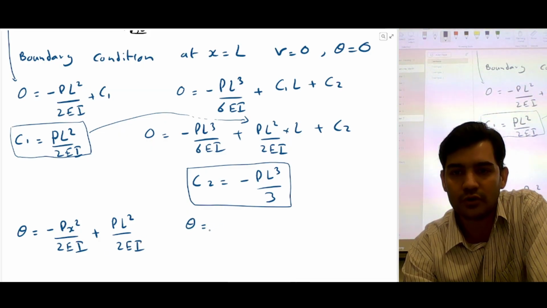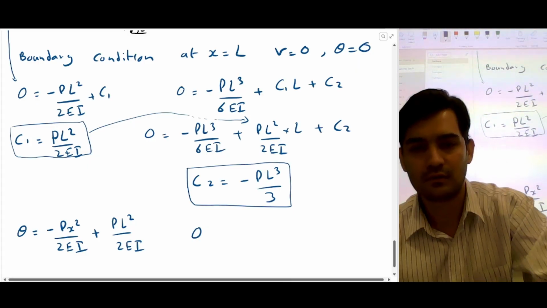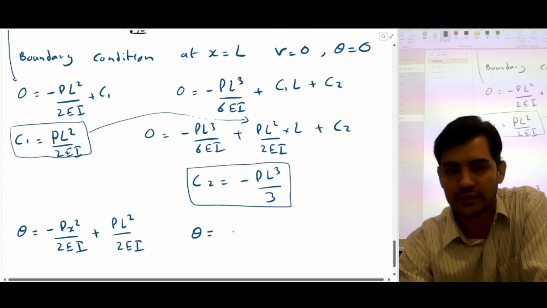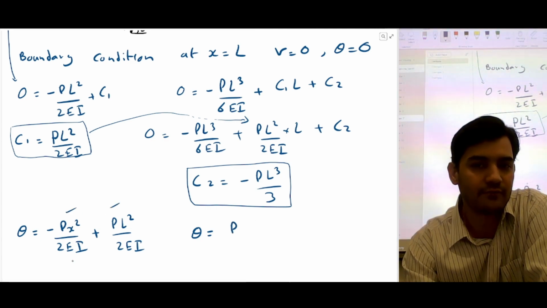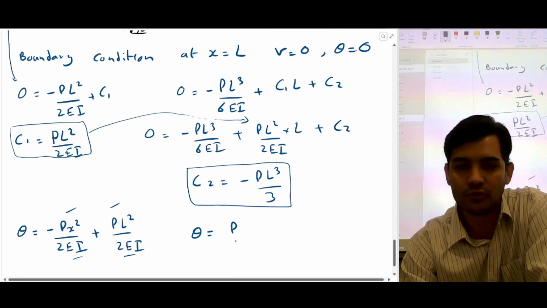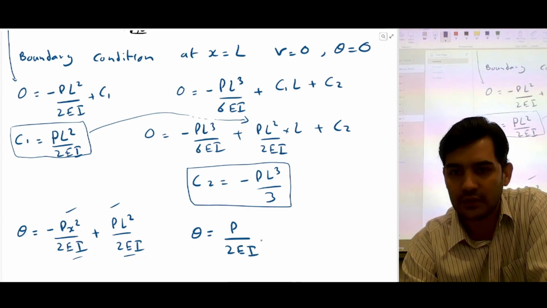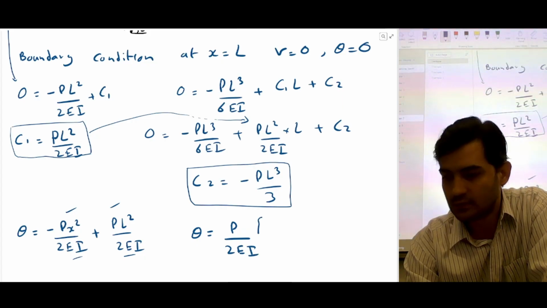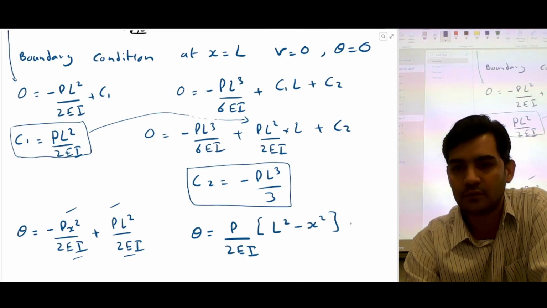So if I want to rearrange this, I can write theta as, I can take P is same for both, EI is same for both, so 2 is same for both, so it's like P over 2EI into L square minus x square.